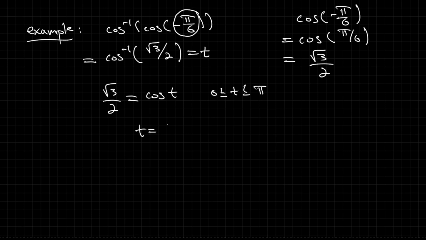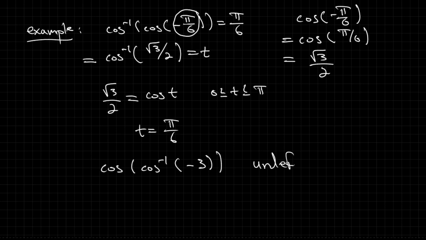And so t is pi over 6. And so I get that cosine inverse of cosine of minus pi over 6 is pi over 6. Contrast that with an example such as the following, cosine of cosine inverse of, let's say, negative 3. This would be undefined because negative 3 is not in the domain of the inverse cosine function.